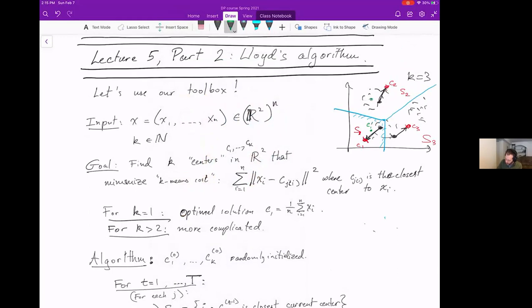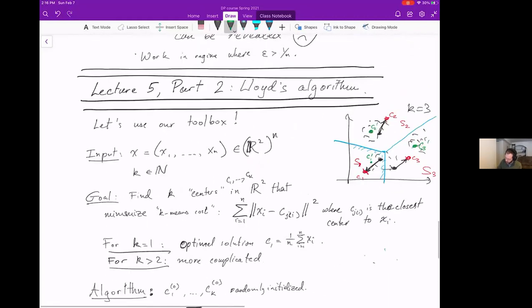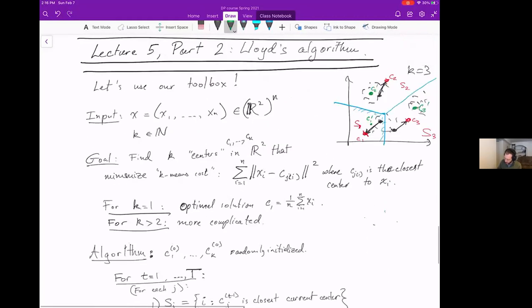For S2, the new center would be C2 prime. And for S3, the new center would be more like over here, C3 prime. That's the picture you should have in mind, and maybe we'll bring the picture closer to the code.